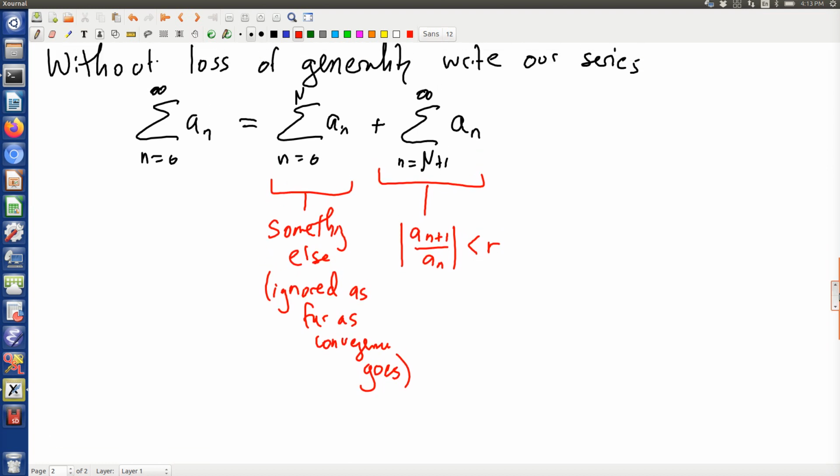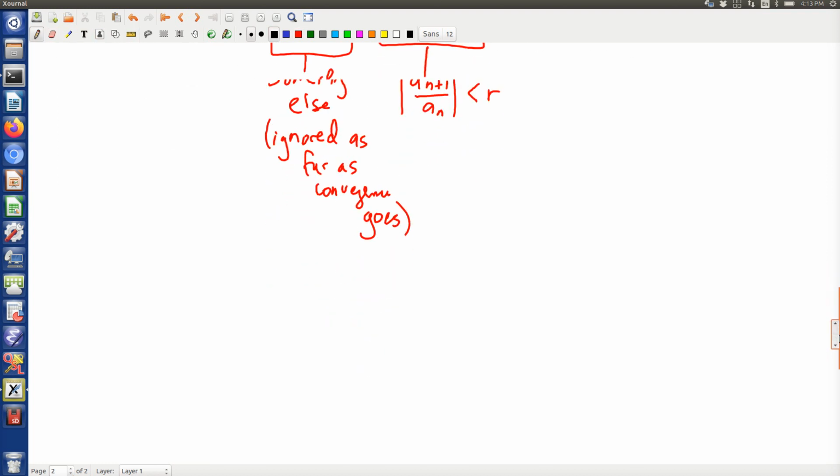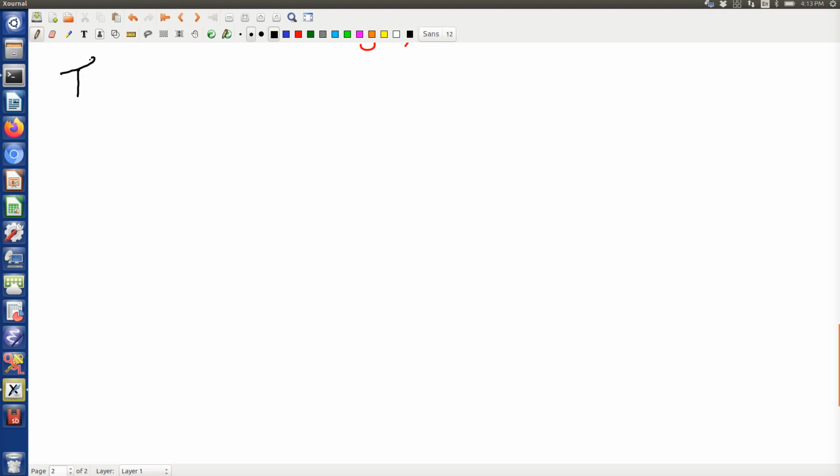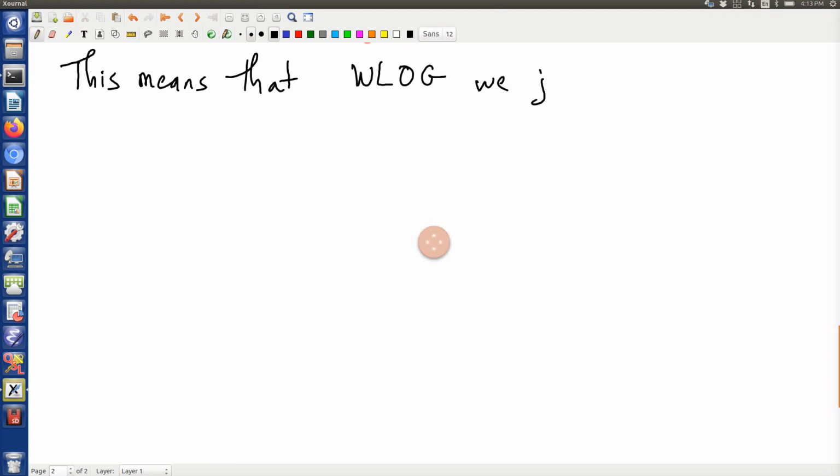Okay. Well, what does that mean? What that means is that without loss of generality, we just assume a_{n+1} over a_n is less than r.